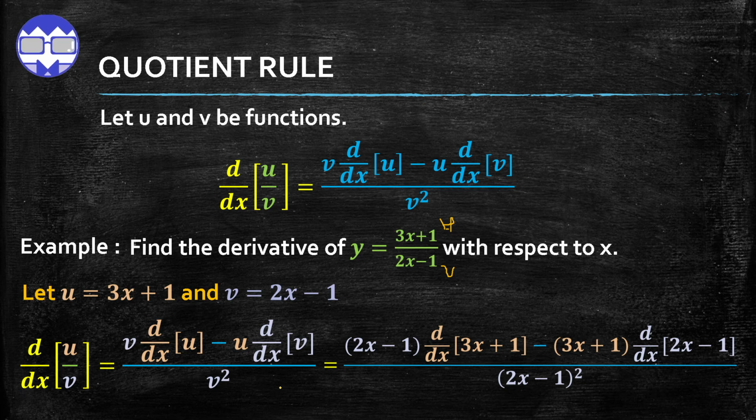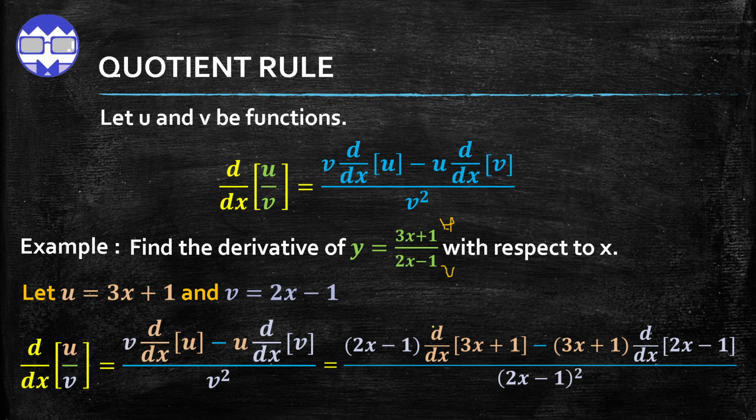So we have v, which is 2x minus 1, times the derivative of 3x plus 1, minus 3x plus 1. Take note, don't forget to write the grouping symbols because this is considered as one group. 3x plus 1 times the derivative of 2x minus 1 over 2x minus 1 squared because it's v squared.